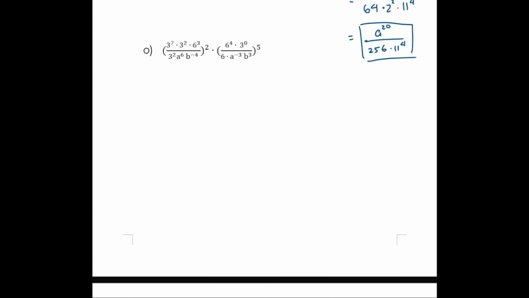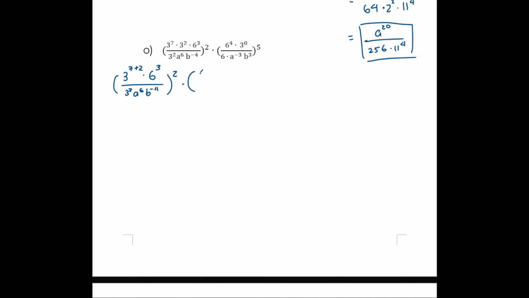Question O. So we've got this fraction here raised to an exponent, this fraction here raised to an exponent. So let's start off here. Let's simplify what's inside of these brackets. So we've got 3 to the 7 times 3 to the 2. Because it's the same base, we can just add the exponents, right? 7 plus 2 times 6 to the 3 over 3 squared a to the 6 b to the minus 4, all to the power of 2 times, I don't know what happened here, this is 6.